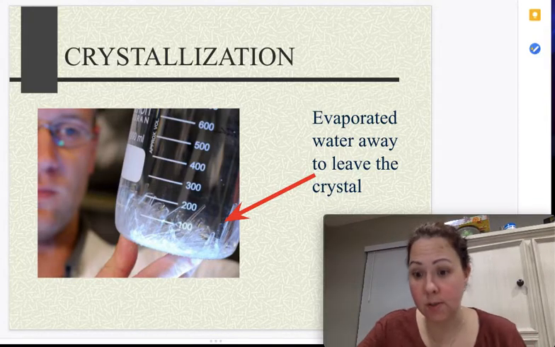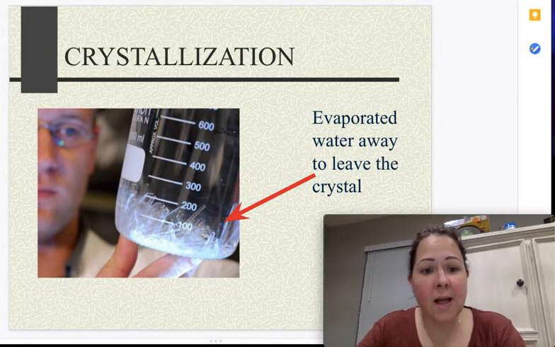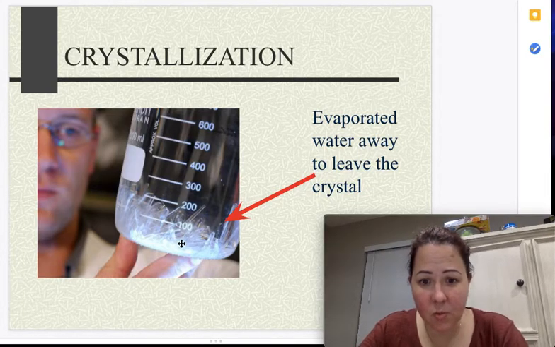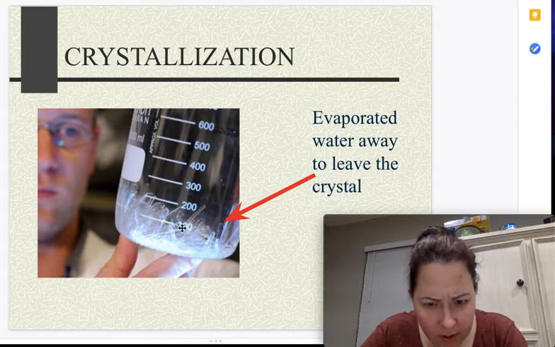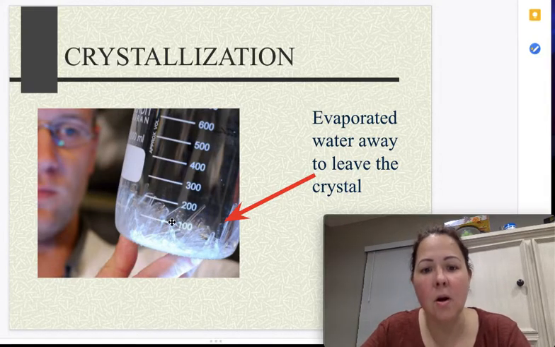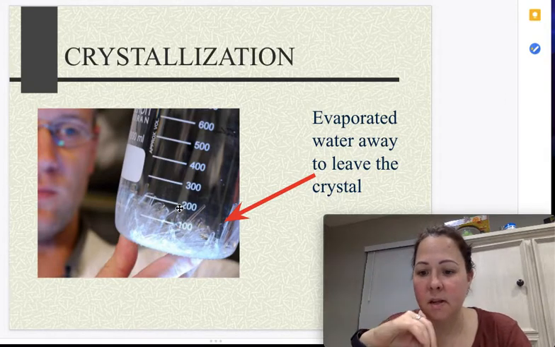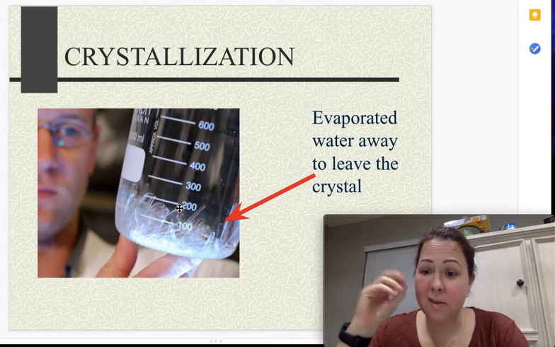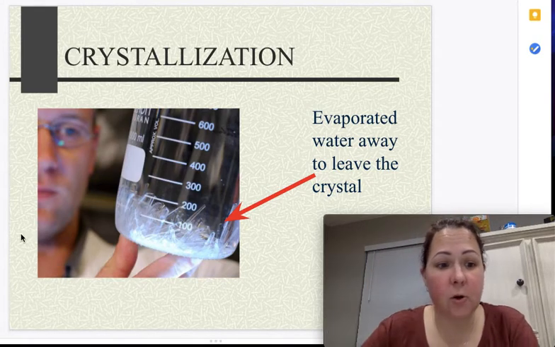So it's going to leave a crystal. We're actually going to do this in class with the crystal lab. But this one, I'm not quite sure. That kind of looks like sodium acetate, but I'm not 100% sure what those crystals are. But you have a solid dissolved into a liquid. When the liquid evaporates away, the solid is going to be left behind and it makes that crystal.